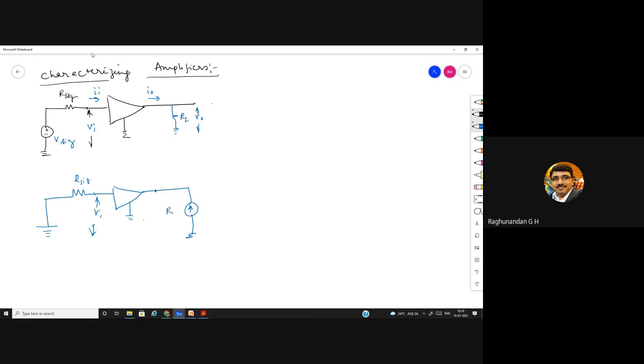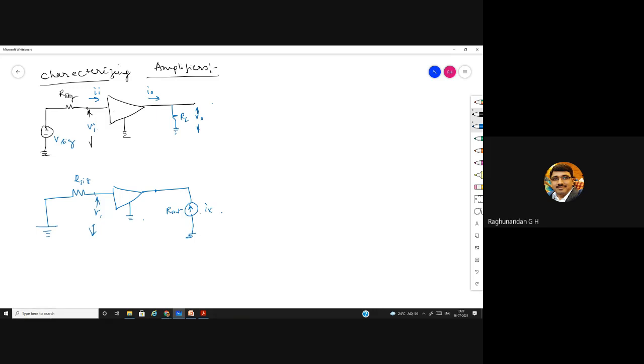So this is the output resistance, Ro. Here we are taking it in terms of current. Okay, let us see one by one.